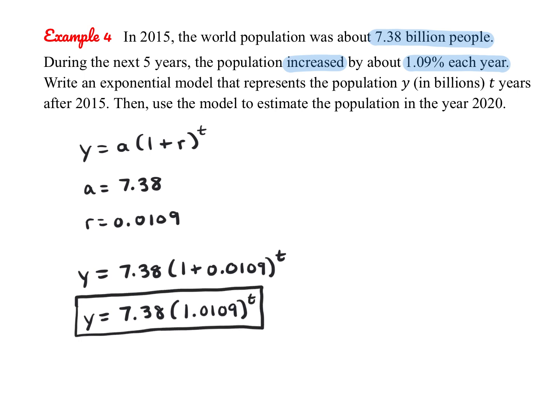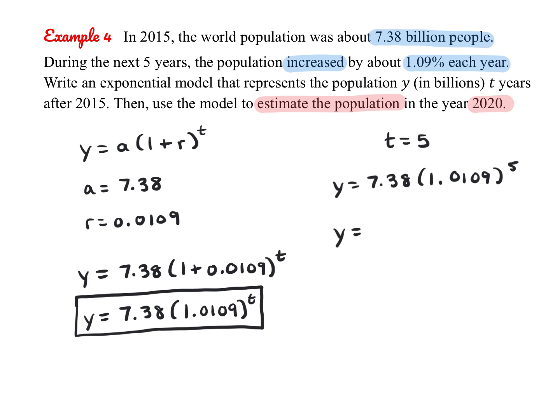Then they asked us to use the model to estimate the population in the year 2020. Well, if t represents years after 2015, that means that we're going to be plugging in t equals 5. So it's 5 years after 2015. So you do y equals 7.38 times 1.0109 to the power of 5.